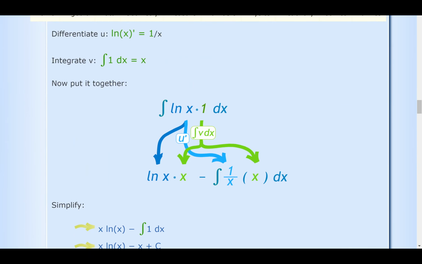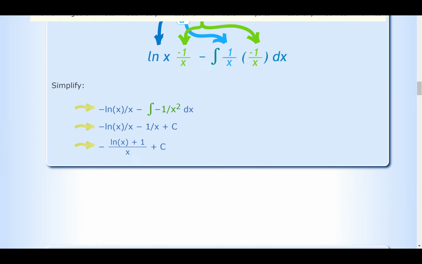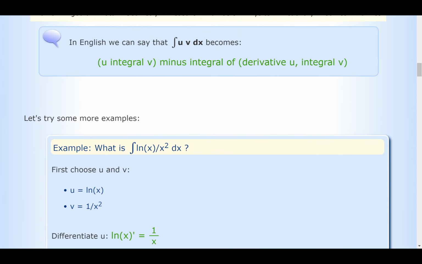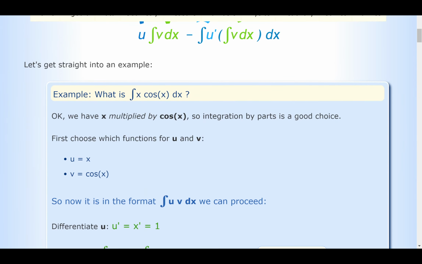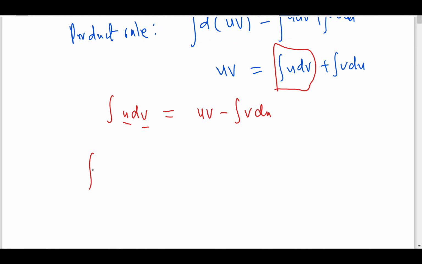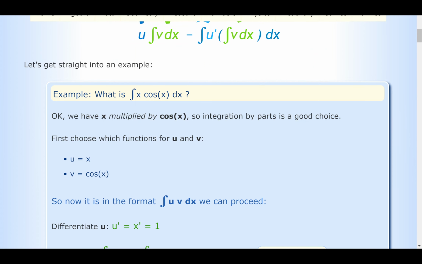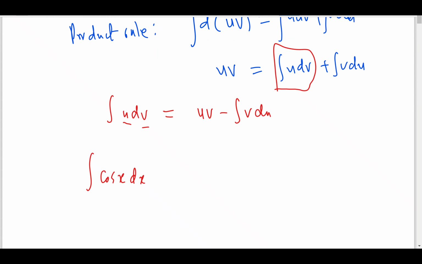The first example we are going to see today: integration of x cosine x dx. Integration of x cosine x dx equals how much?